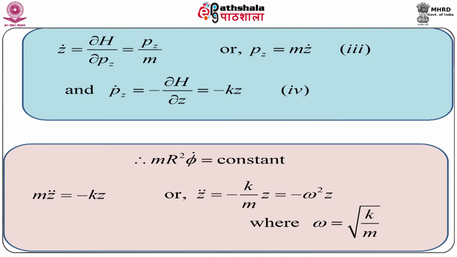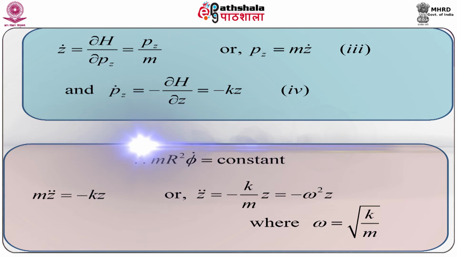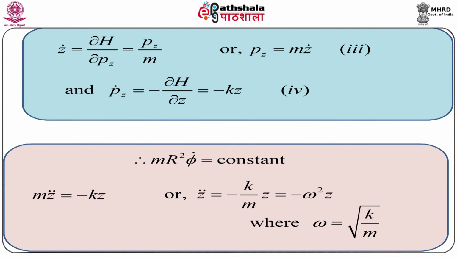From equations 1 and 2, we have m capital R square phi dot equal to constant. On the other hand, equations 3 and 4 give m z double dot equal to minus kz, or z double dot equal to minus k divided by m into z.